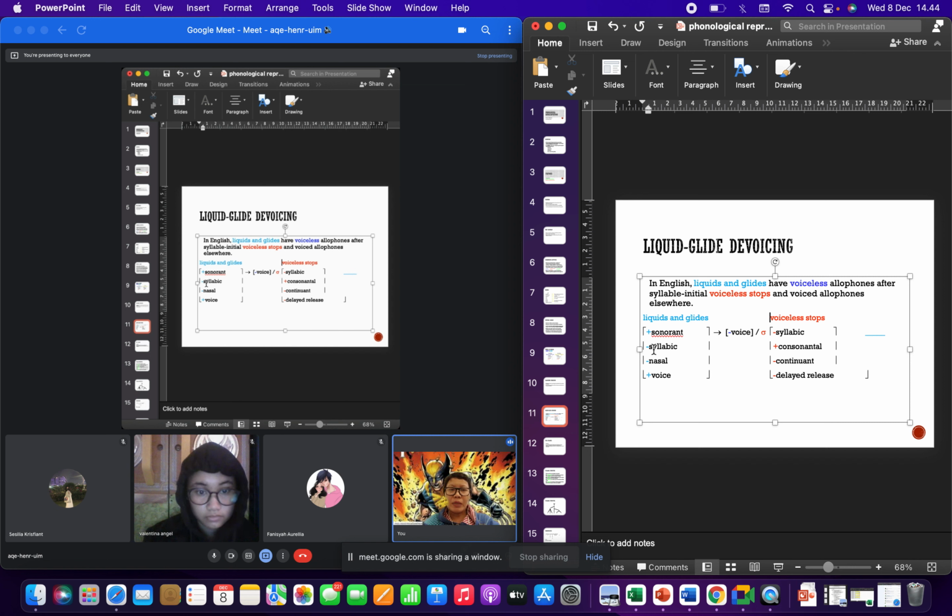And if liquids and glide sounds are nasal sounds, it means that in voiceless stop, it is also minus continuant. So it means that it is a stop, there is no continuant. And if the sounds of liquids and glides are voiced, if it is plus, it means that it is voiced.